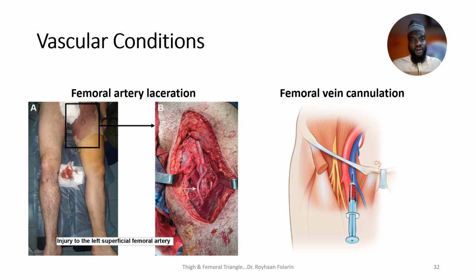So vascular conditions are also critical to consider, and one of the most serious is a femoral artery laceration. And this usually can result from trauma, such as gunshot wounds or motor vehicle accidents.